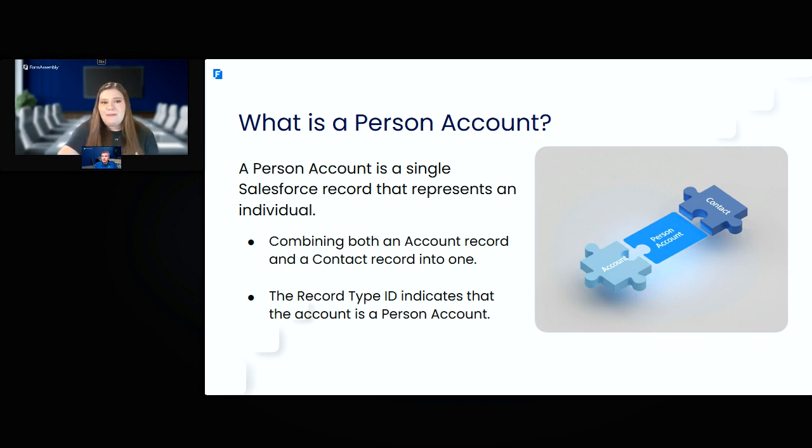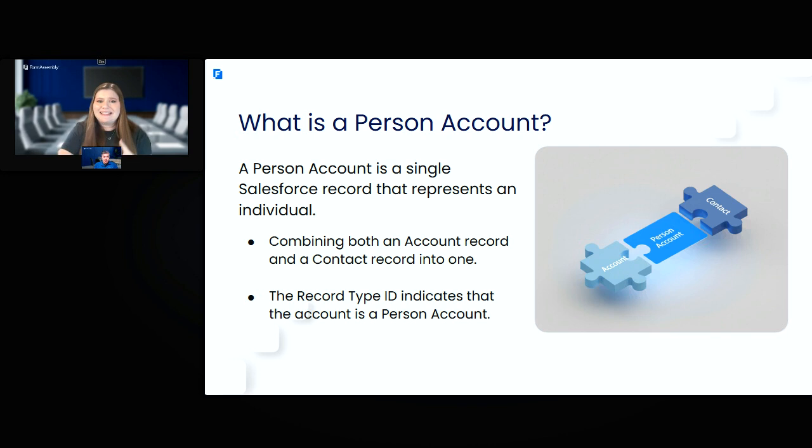And each record type has a unique record ID. This becomes especially important when you're creating or interacting with records in FormAssembly. That record type ID is what tells Salesforce what kind of account you're working with. For example, a specific record type ID signals that an account should behave as a person account rather than a business account.